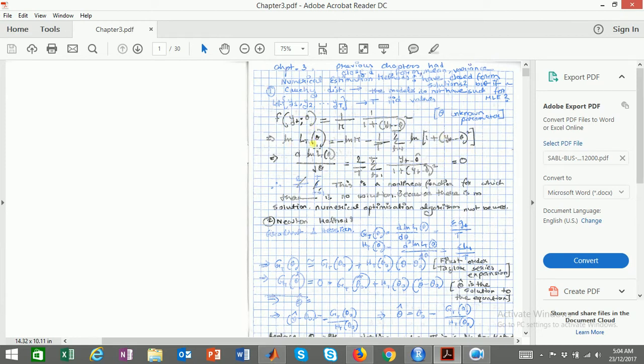This is something we need to remember. The gradient, which equals 0, is 2 by T summation of (yt minus theta) divided by 1 plus (yt minus theta) whole square. So this is a nonlinear function for theta hat for which no analytical solution exists, and so numerical optimization algorithms must be used.